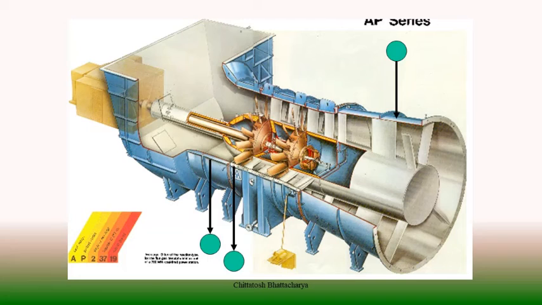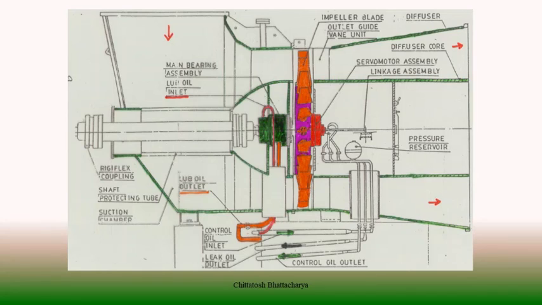This shaft may be hollow, and more than one stage of impellers may be there, depending upon the type of reaction fan, AP1 or AP2. Then we have a coupling for fitting with the motor, and there are inlet dampers and discharge dampers. So this way these axial fans are arranged.